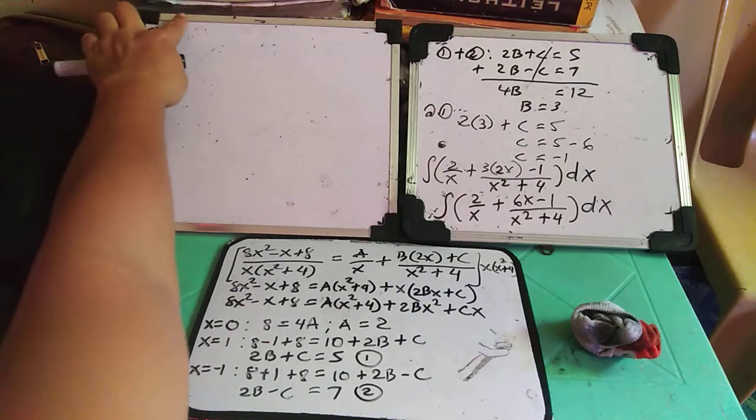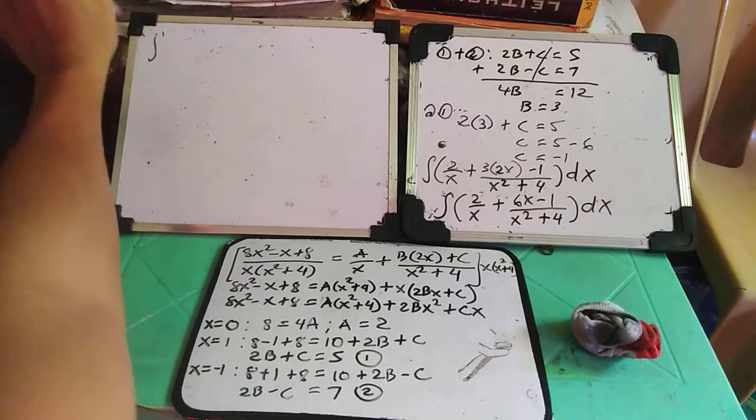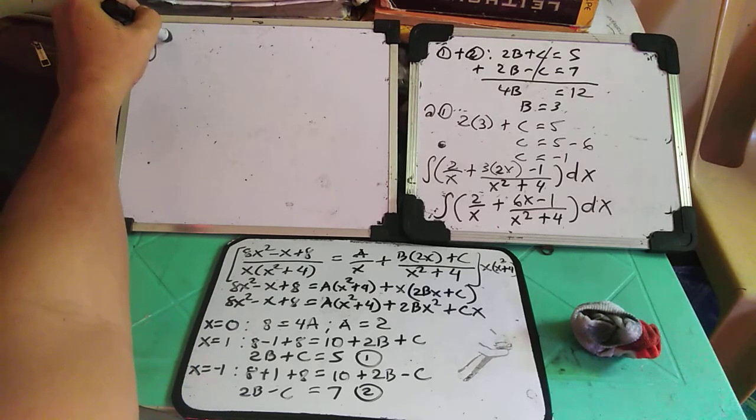Therefore, a is 2, b is 3, and c is negative 1.